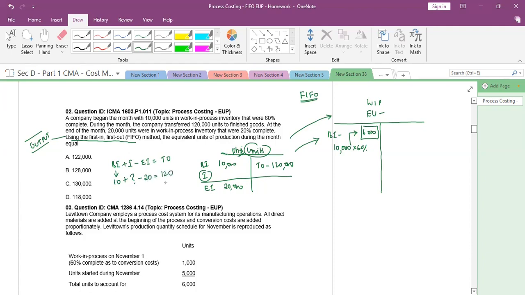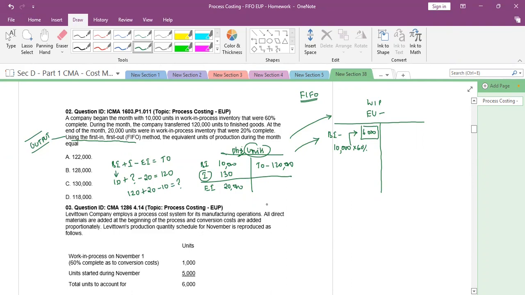So this 20 will come this side, so plus 20, this plus 10 will go this side, so minus 10 is equal to that question mark. So that means 140 minus 10 means how many units are introduced? How many number of units introduced during the year?